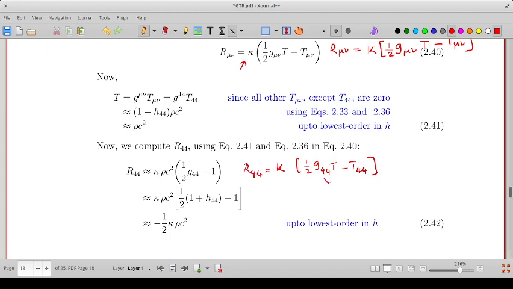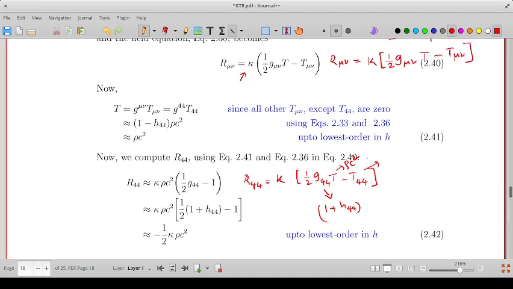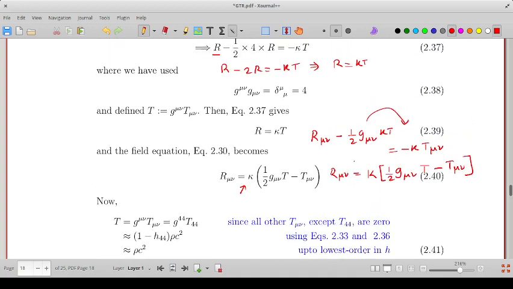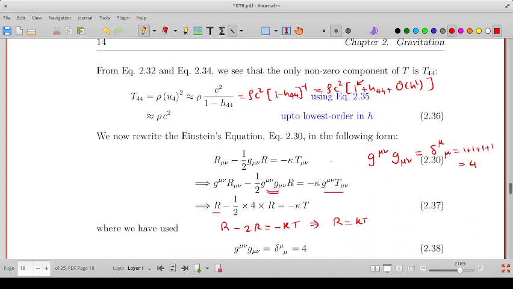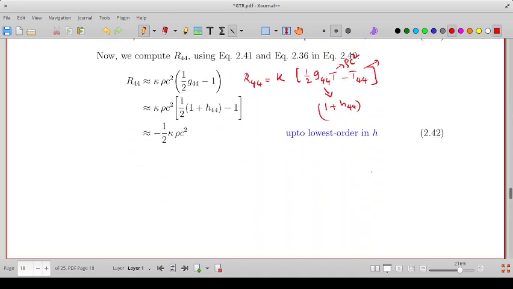But now g44 is equal to 1 plus h44, and T is equal to rho c square, and T44, as we have just found out, is given by rho c square up to lowest order in h.